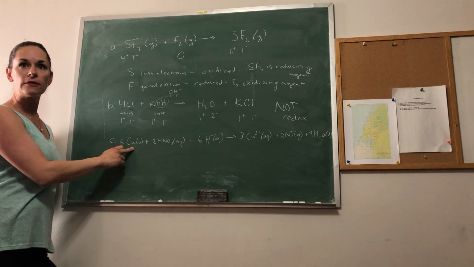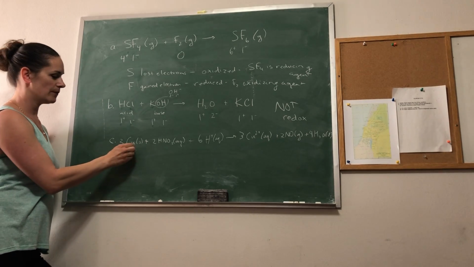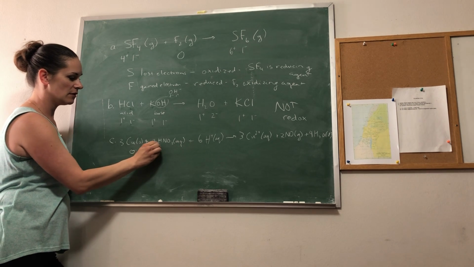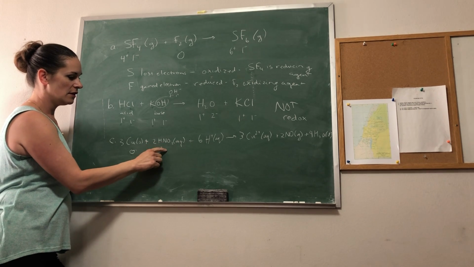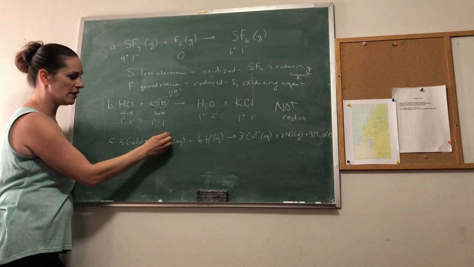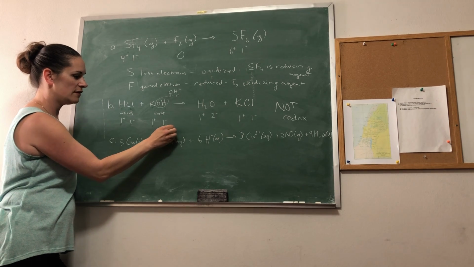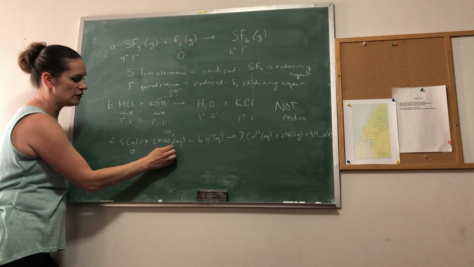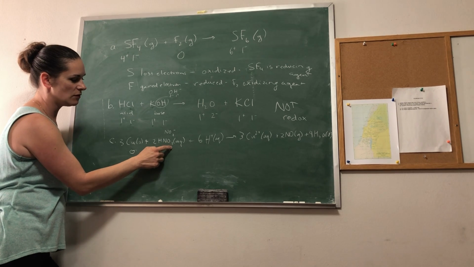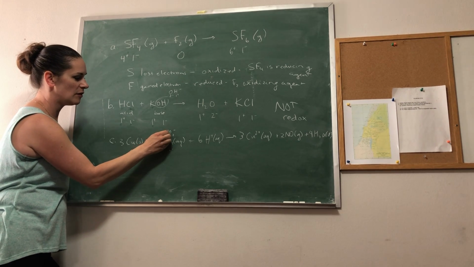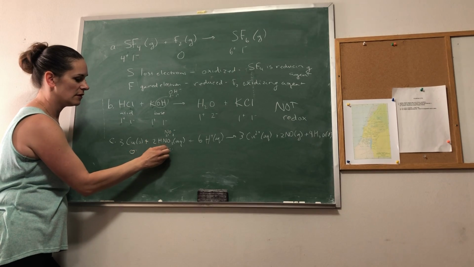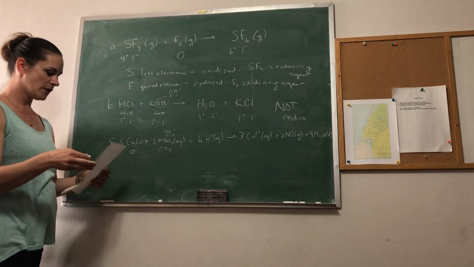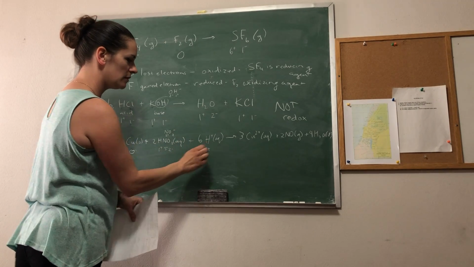Just elemental metal, 0. What's the oxidation state of hydrogen in a covalent compound? +1. Nitrogen, so we know this whole thing, NO3, is -1, right? So these oxygens are going to be 2 minus times 3 is 6 minus, so this has to be 5 plus. And then our hydrogens are always +1.